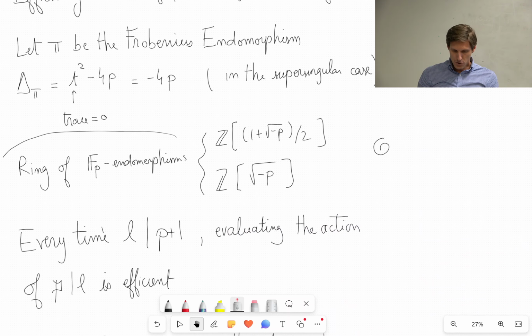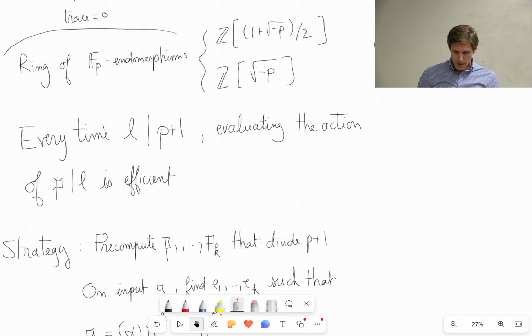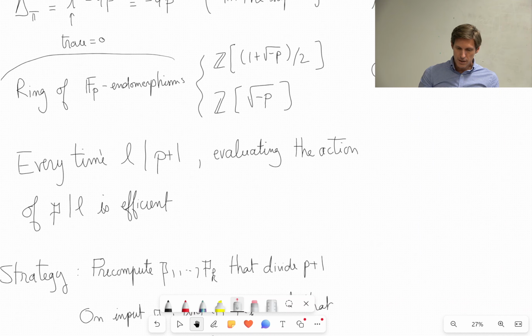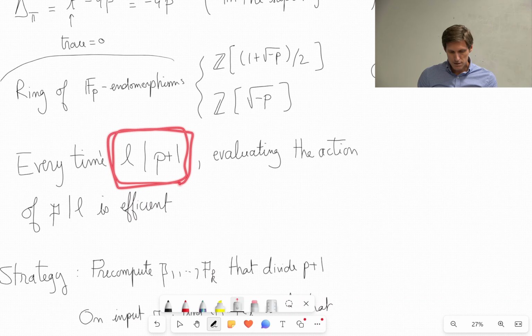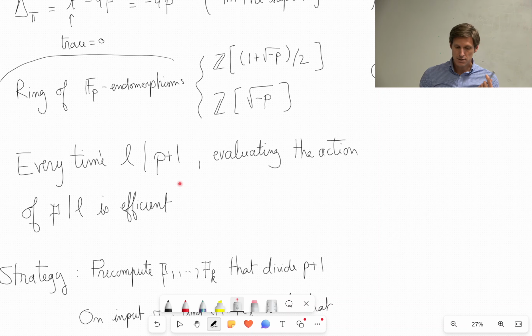And so once you know that, you're looking at this ring, and then you're going to try to find a small set of, I mean, you're hoping it's as large as possible, a bunch of primes of small norm that divide p+1. If their norm divides p+1, then it's going to be easy to calculate the action of those prime ideals.